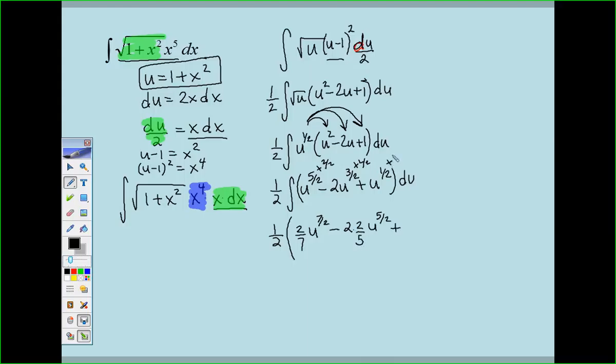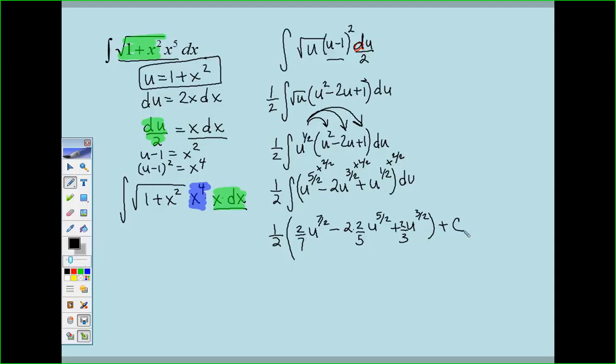And then here, adding 1 to our exponent, u to the 3/2, and then times 2/3. So when we multiply these together now, we've got to multiply this 1/2 through to each term. So we have to remember to do that.